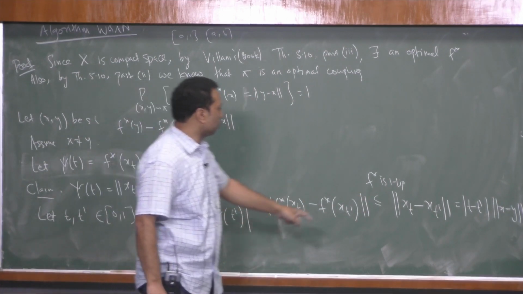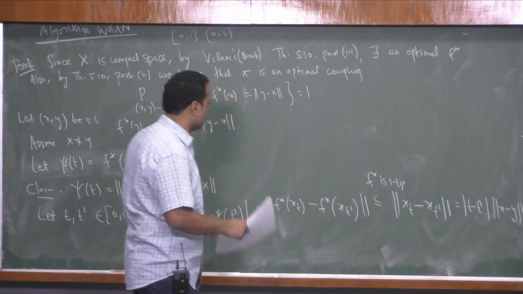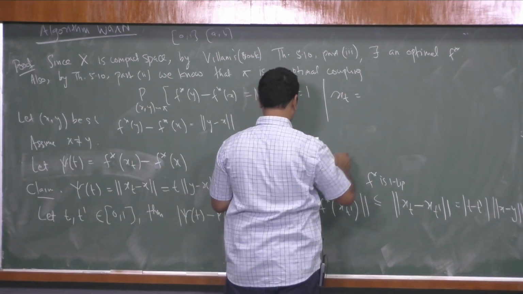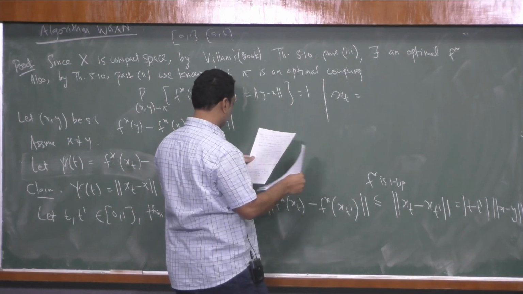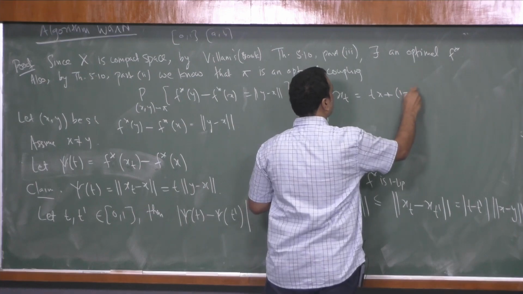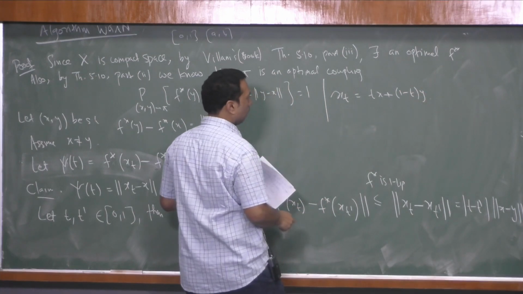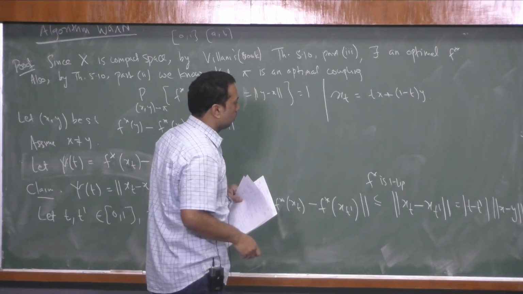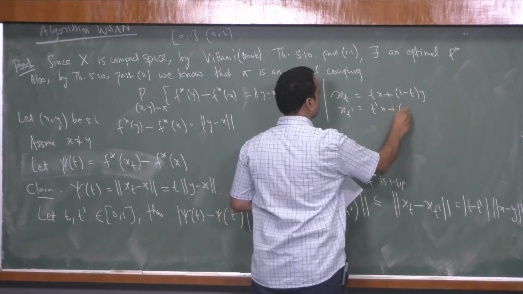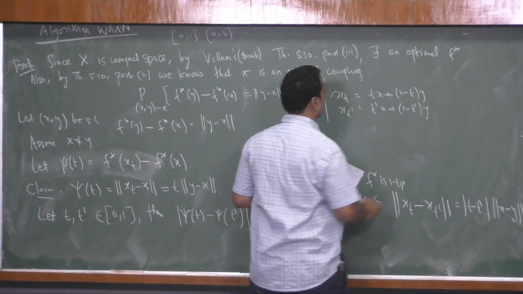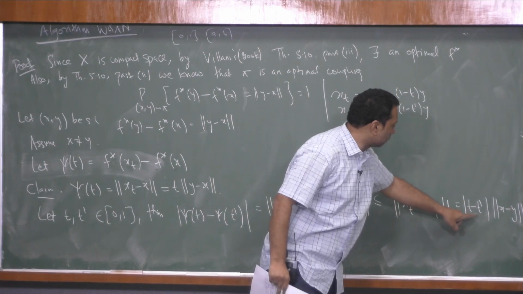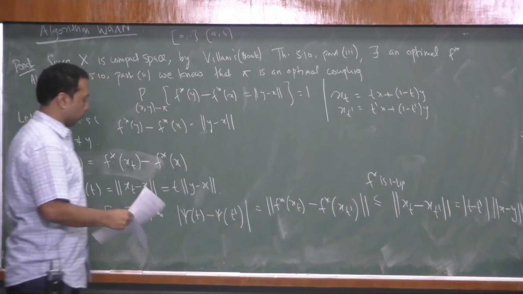And then if we put in the values of xt and xt prime, so xt was, I hope I'm not wrong, tx plus 1 minus t y, and obviously xt prime will be t prime x plus 1 minus t prime y. So if you do this subtraction, then you can show that this is mod of t minus t prime, norm of x minus y.